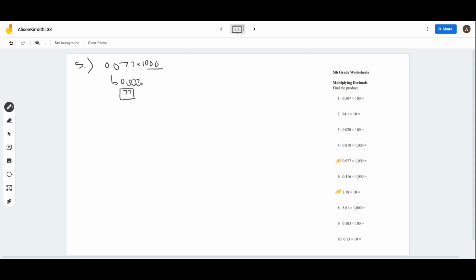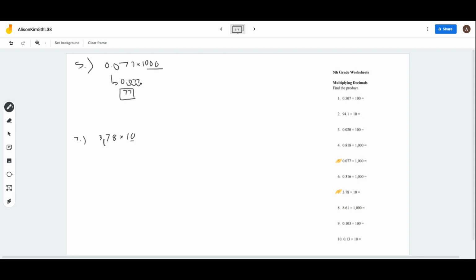And you could choose to put the decimal, but it's the same thing. 77.0 is the same thing as 77, so it doesn't really matter. Just in case, let's do number 7. Number 7 gives us 3.78 times 10. Now, 10 has only 1 zero, so we look at 3.78, and we see that the decimal point is between the 3 and the 7, so we move it to the right only once.